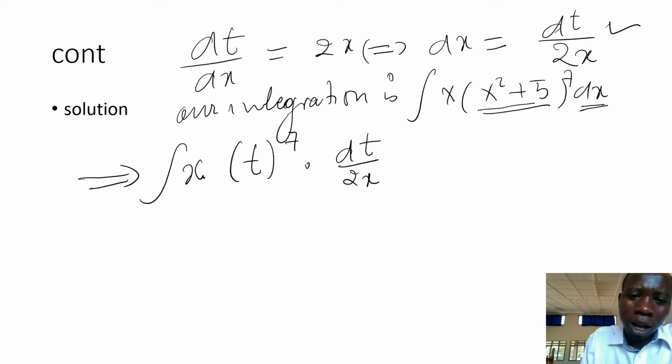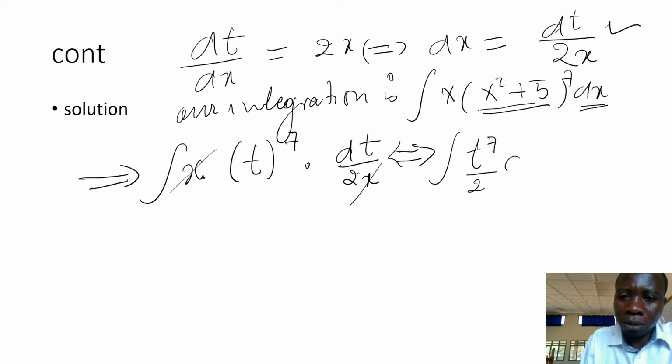As you can see, I am going to make sure that all of the old variables disappear and I remain with only the new variable, t. Let's simplify. The new integral in terms of t will be t power 7 over 2 dt. This one is simple, everybody can do it.